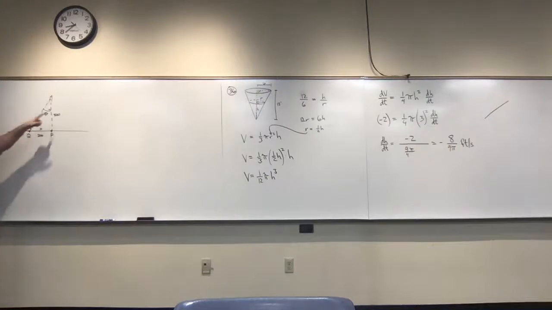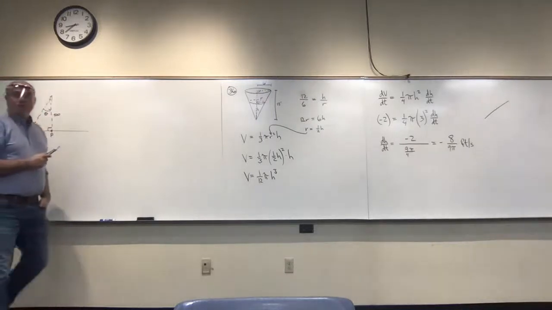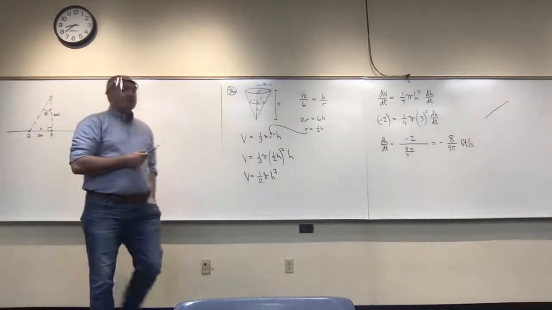So now I have this 500, this X, and this theta. This is a right triangle. How could I relate all of those? What equation would get theta, 500, and X all involved? Tangent of theta, yes.